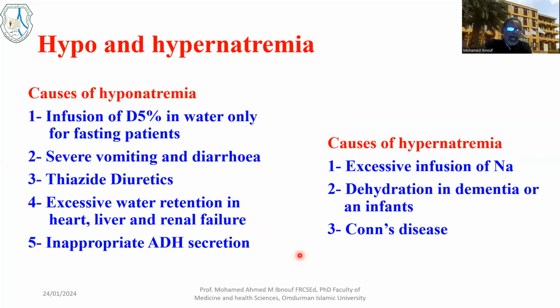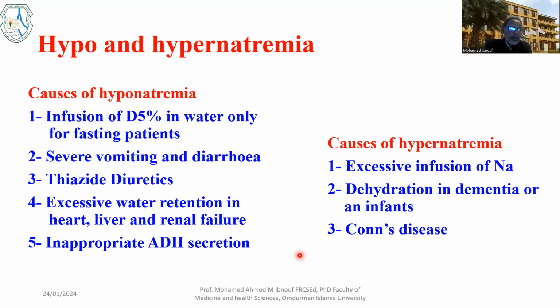Now, the causes of hypo and hypernatremia. Hyponatremia is caused if we are giving only 5% dextrose water for a fasting patient for a few days, particularly for postoperative cases. Also, in severe vomiting and diarrhea, patients can develop hyponatremia due to loss of sodium in the vomitus and in diarrhea.